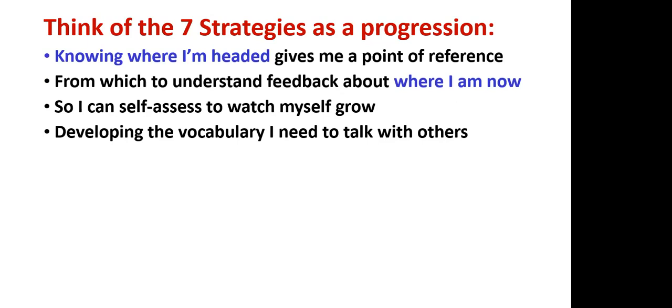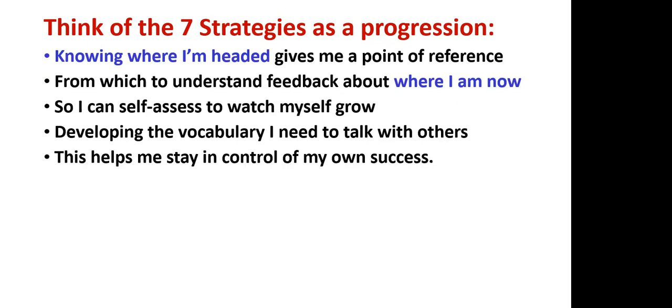We get to understand them, and we learn to talk about them. This helps me stay in control of my own success. And that's the optimism. That line is what I just finished writing a book about. Give students the gift of confidence. The gift of confidence is the gift of control.